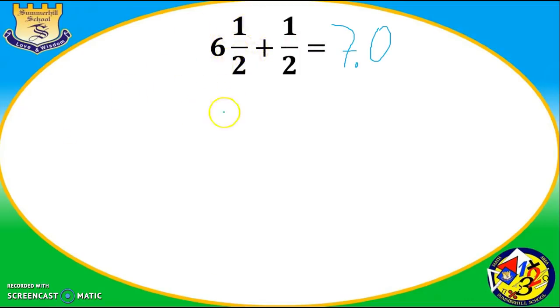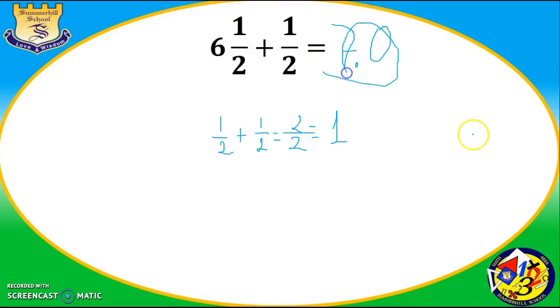So we have the 6, which is a whole number. Now we have 1/2 plus 1/2. Well, so 1 plus 1, 2. Remember, when it's the same denominator, you have to keep it. So it's 2 over 2, and 2 dividing 2 is equal to 1. Yes, and 6, that is the whole number, plus 1 is this answer, 7.